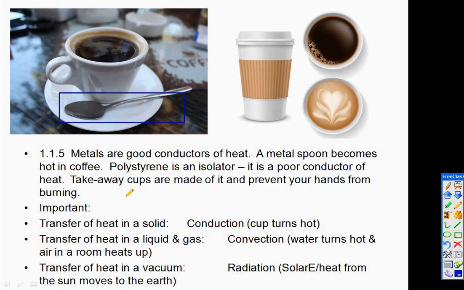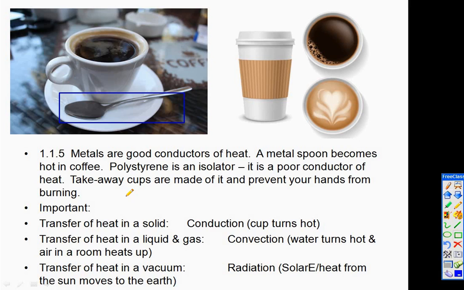So remember, like I said when we talked about electrical conductivity, all metals can conduct heat and electricity, but not all metals equally well. We can also say that non-metals are very good insulators.